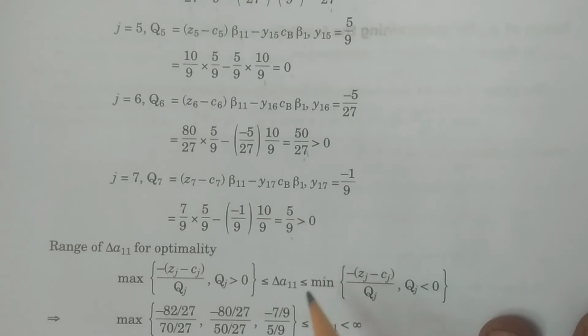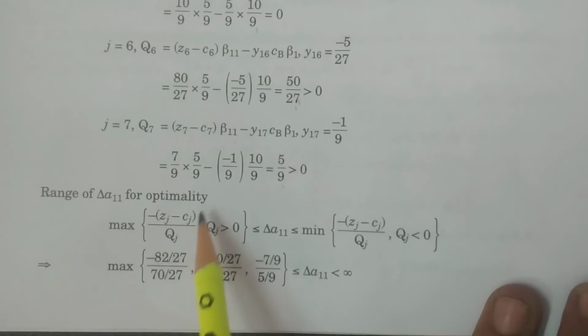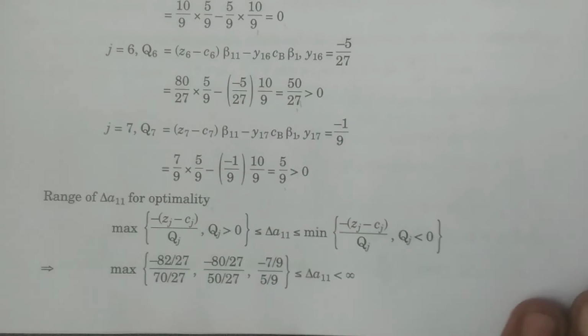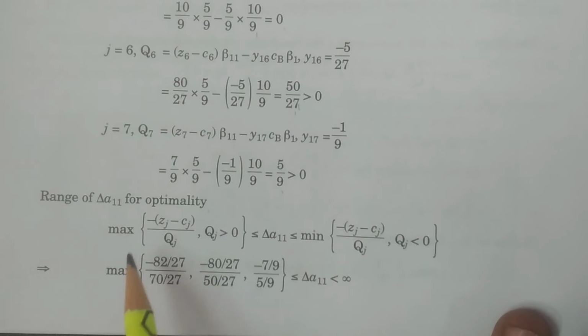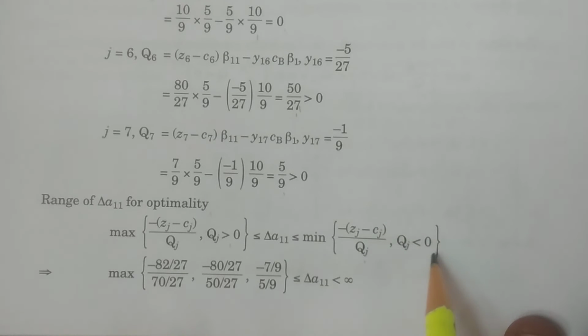Now we have to calculate the range of delta A11 for maintaining the optimality. The formula is: maximum of minus Zj minus Cj divided by Qj, Qj greater than 0, is less than or equal to delta A11, less than or equal to minimum of minus Zj minus Cj by Qj, Qj less than 0.